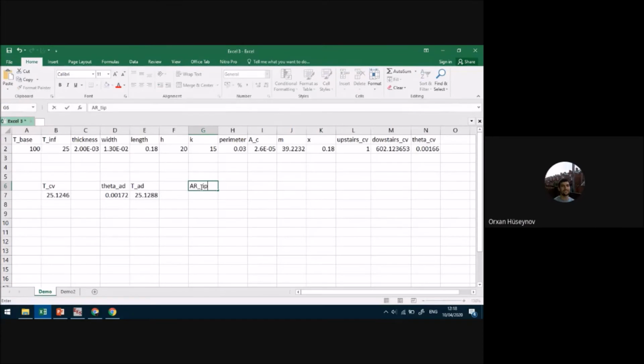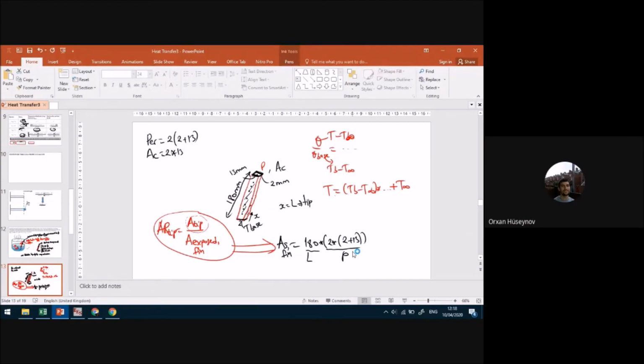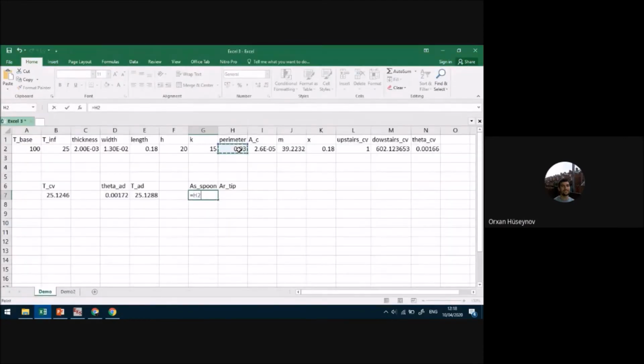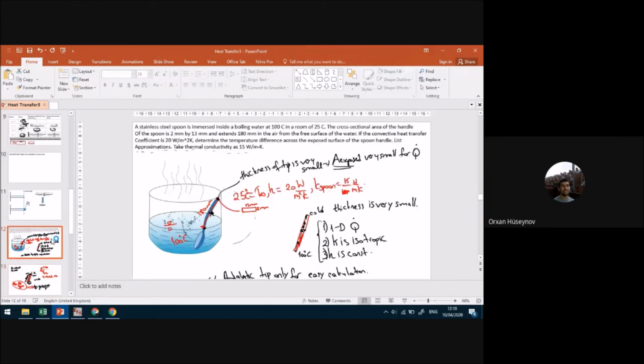So first I should calculate AS of the spoon, which is the perimeter into the length, and then AR tip. I multiply the perimeter with the length and I have got this value, then I divide the tip area, which is AC, the same as the tip because it's a uniform area, by the spoon area. You see the value is 0.004. Therefore, you can approximate this one as the adiabatic tip and there is no error. So that is good for the first part.